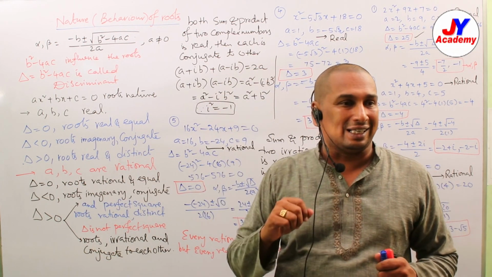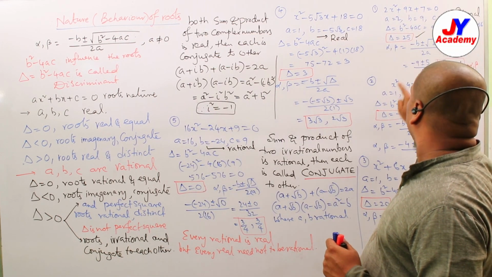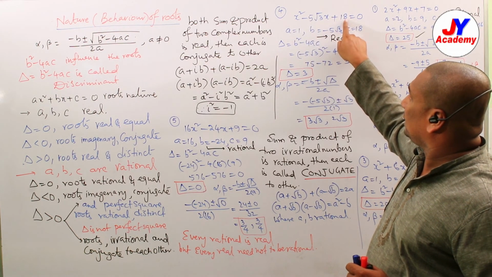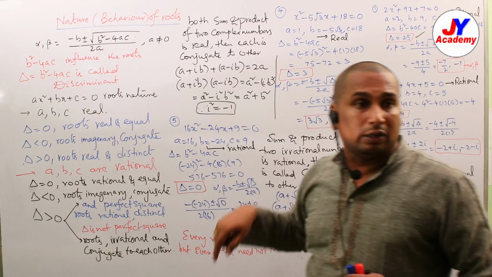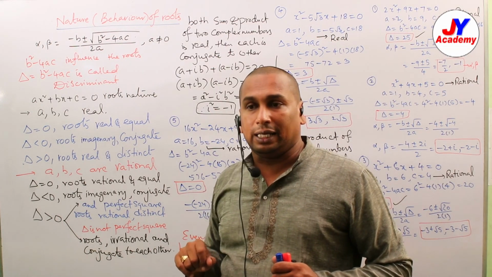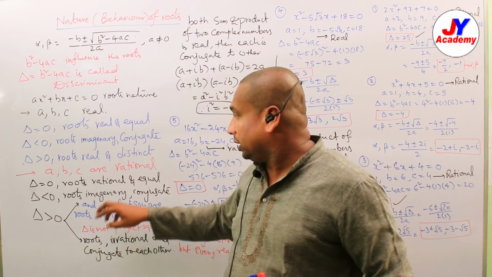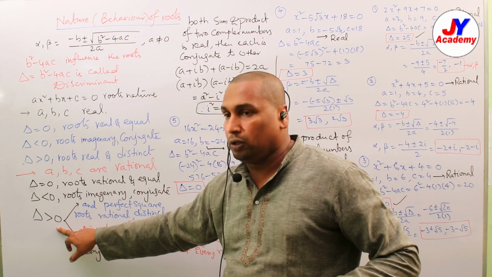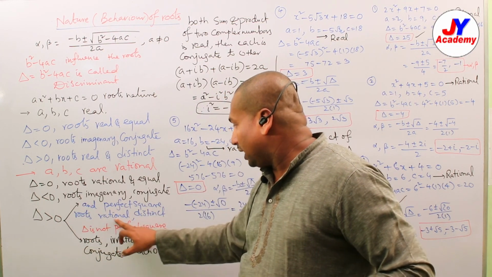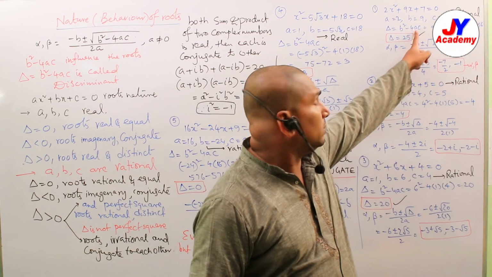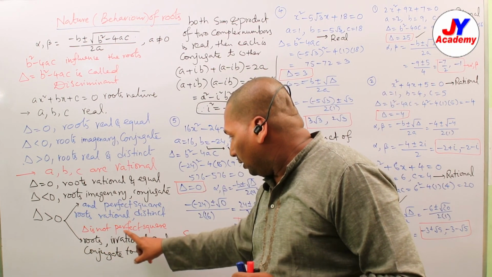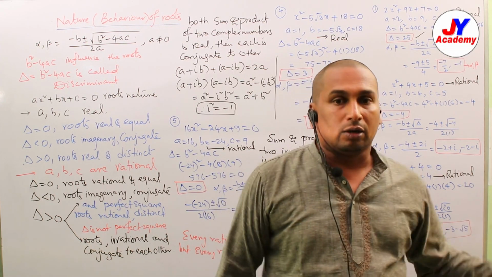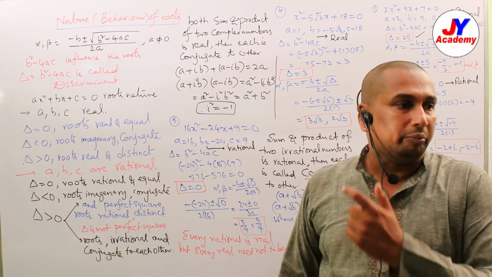If coefficients are rational, the roots divide into two cases. Delta greater than 0: if delta is a perfect square, roots are rational and distinct, as in this example. If delta is not a perfect square, as in the third example, roots are irrational and conjugate. That is the behavior of roots.